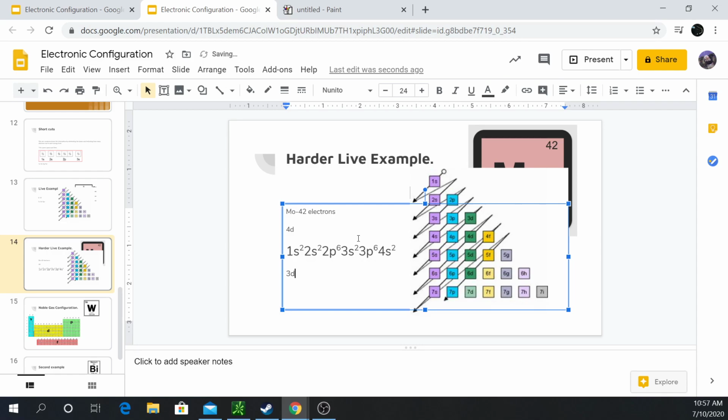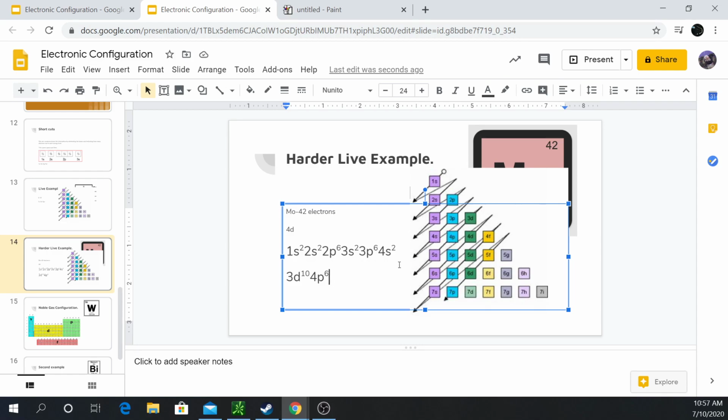So 3d is going to have a total of 10. Okay, so now we're only looking for 12 more. After 3d, we have 4p. And 4p has a total of 6, so we have 6 more.